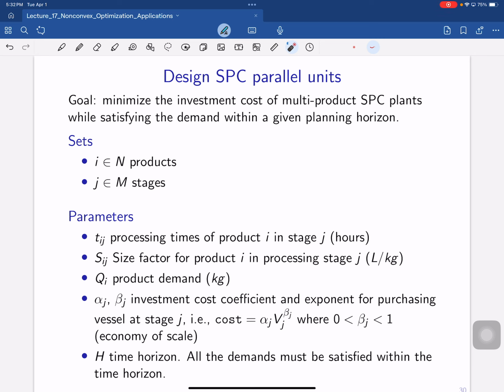All the demands must be satisfied within the time horizon, right? So the idea is you want to design a plant, right? You don't want to spend too much investment cost such that you design so many reactors, but then you are not using them. The idea is you want to satisfy the demand. Also, all the jobs have to be done within this time horizon.